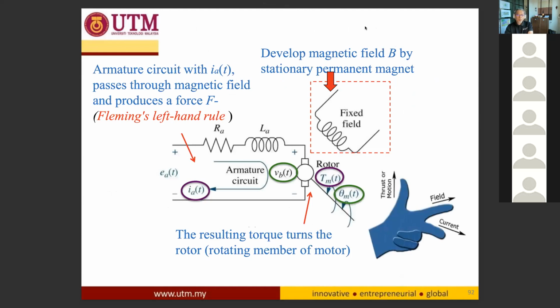When you apply Kirchhoff voltage law, EA is equal to IA RA plus LA dIA/dt plus VB.